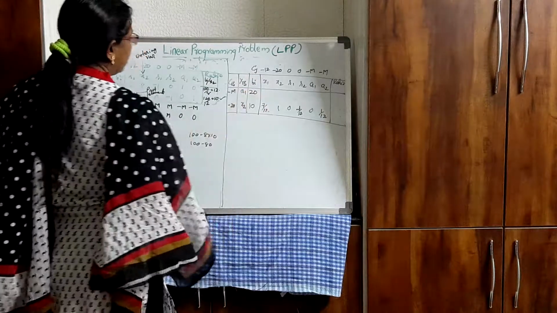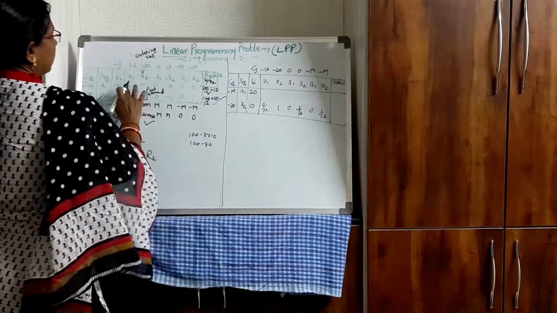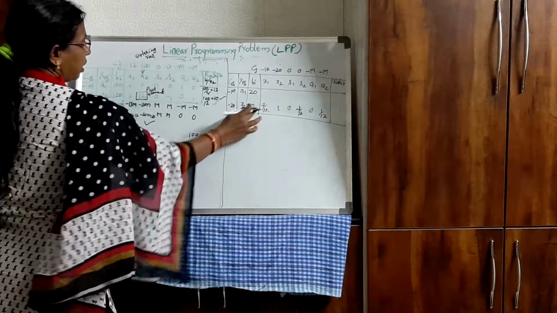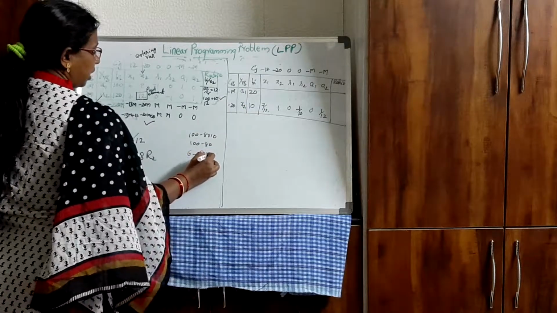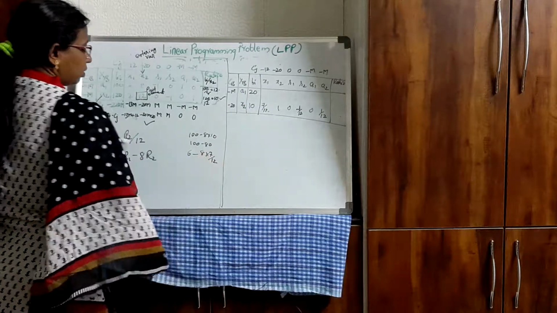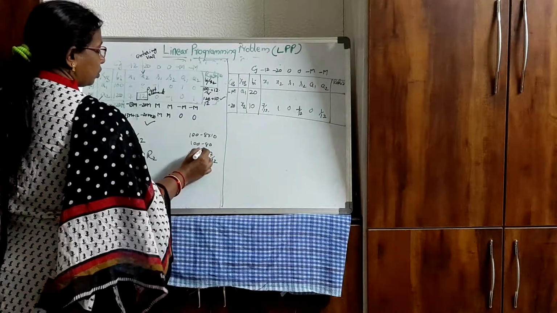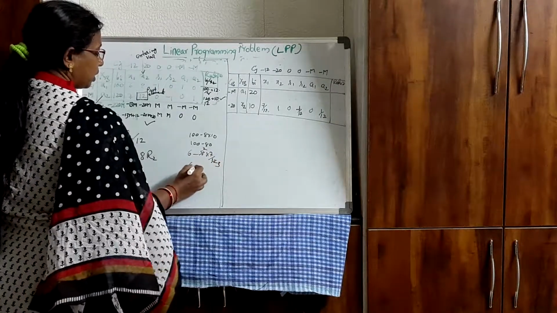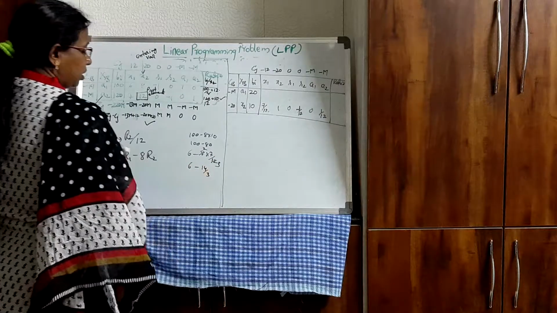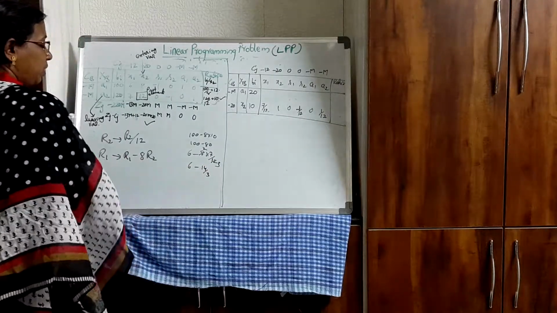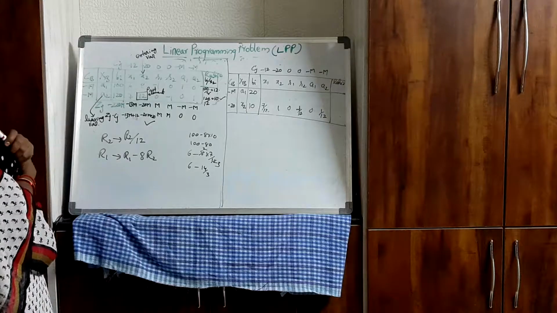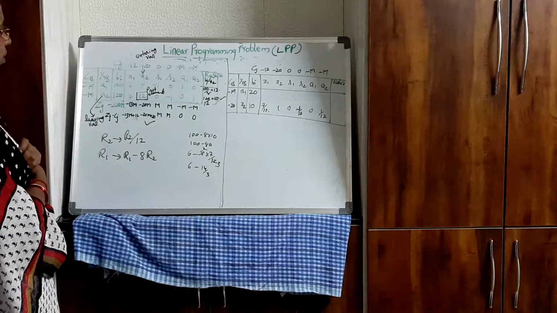So 100 minus 80, how much will we get? 20. Similarly, this one: 6 minus 8R2, 6 minus 8 into 7 by 12. So how much will you get here? This is 4 2s, 4 3s. So 6 minus 14 by 3 means you will get 4 by 3.